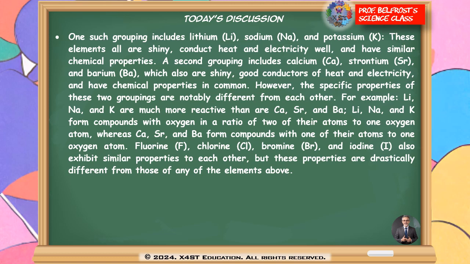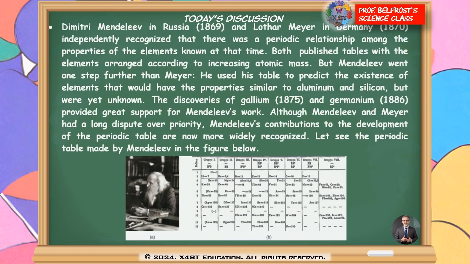So we need some categorization, right? Here the history says Dmitri Mendeleev from Russia in 1869 and Lothar Meyer in Germany in 1870 independently recognized that there was a periodic relationship among the properties of the elements known at the time, and both published tables with the elements arranged according to increasing atomic mass.